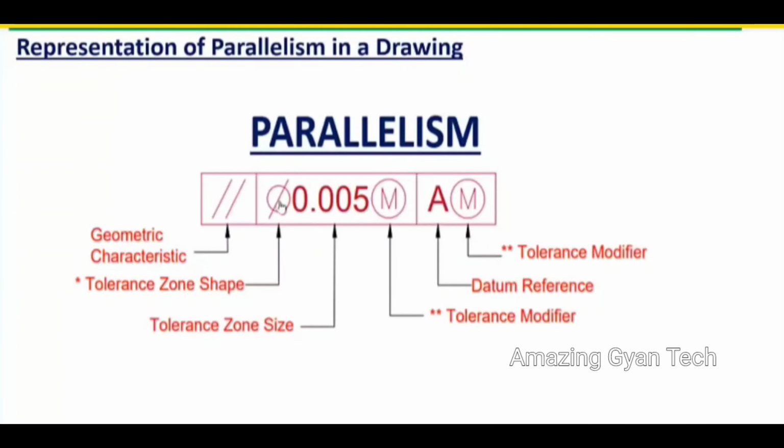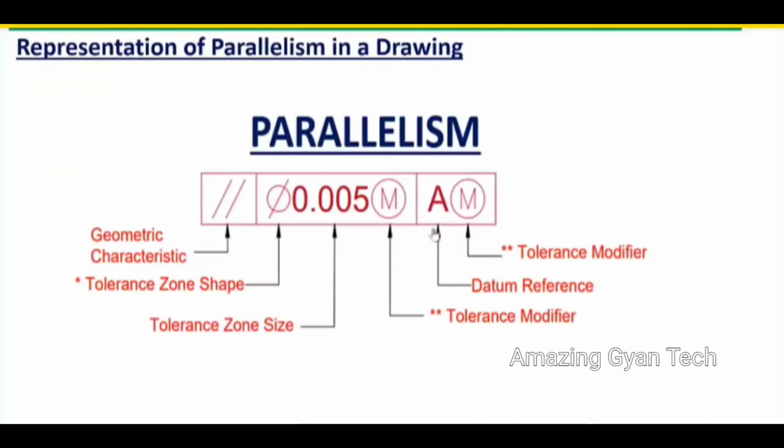If there is no diameter symbol present, it is a wide tolerance zone. If you have a diameter symbol, it is a cylindrical tolerance zone, and the tolerance zone size is also given, and you can apply a tolerance modifier also. Since it is applied for the surface as well as for the feature, a tolerance modifier can be applied, and you need the datum reference compulsorily, and for the datum reference also a tolerance modifier can be applied.